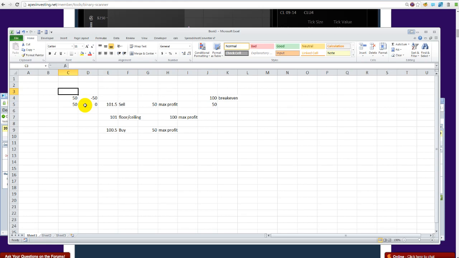If it moves up 150, I'm going to be up 50, down 100, and now I'm down 50 bucks. So that gives me 150 ticks up and 150 ticks down for a 300 tick wide range for a 1-to-1, or 100 up and 100 down for a 200 tick wide range for a break even trade.